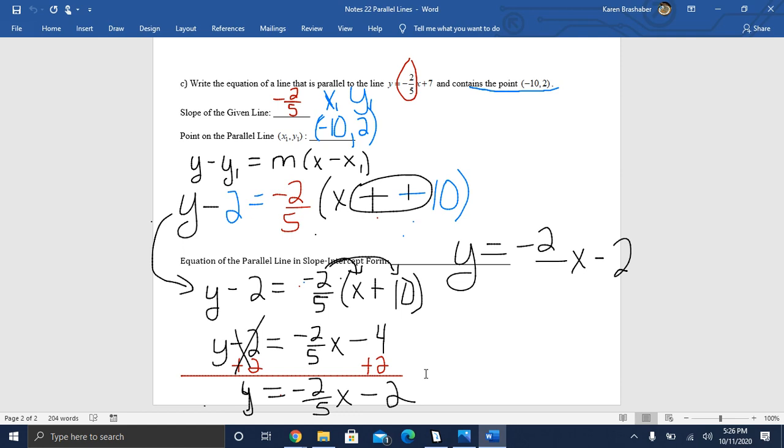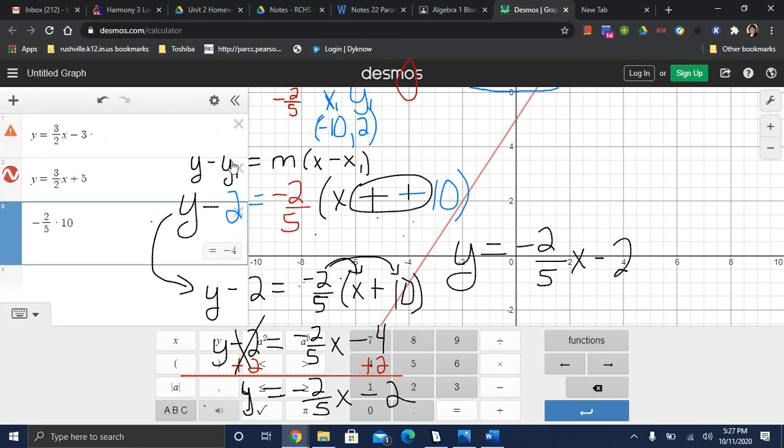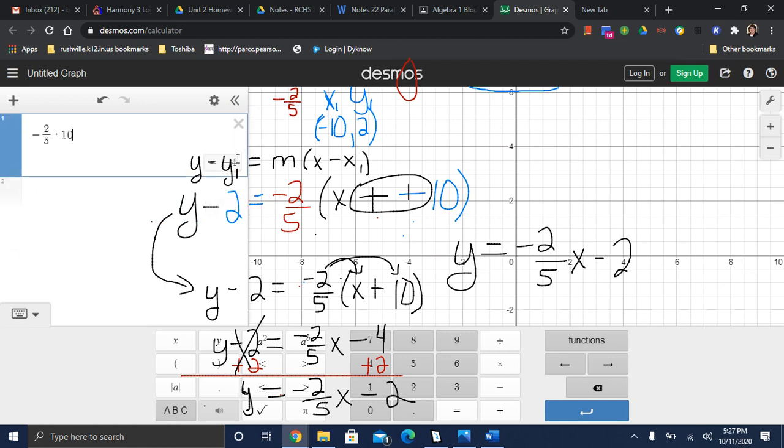And again, we'll take a look at a graph for that to show you that the new graph we found actually goes through this point of negative 10, 2. So if we graph, I'm going to clear off what I have there already. And so our first graph was y equals negative 2/5 x.